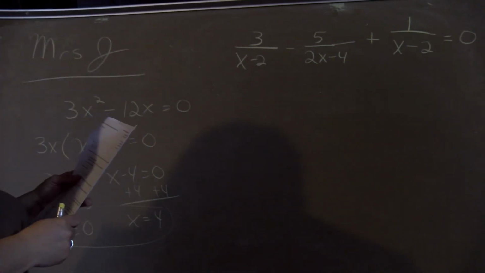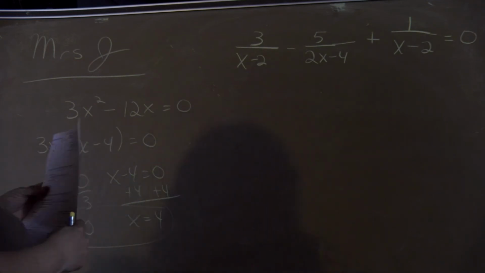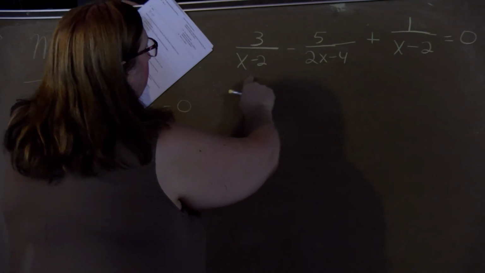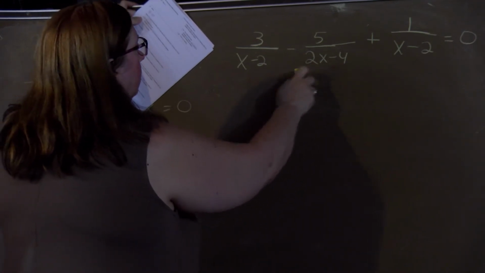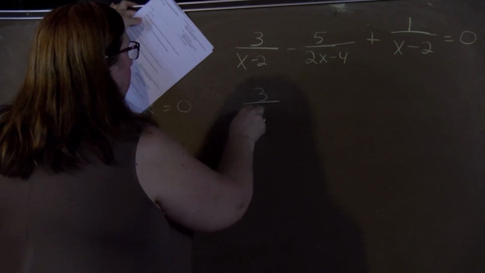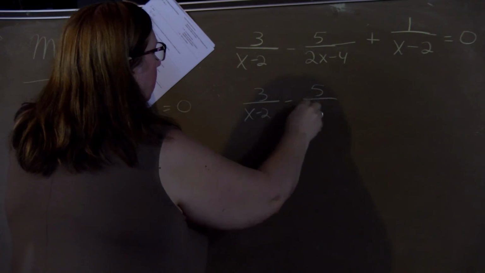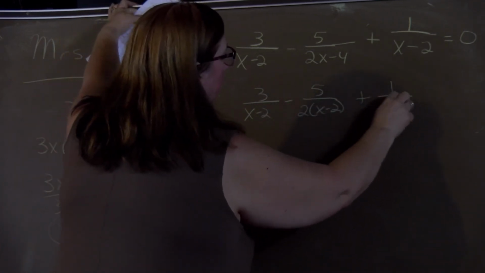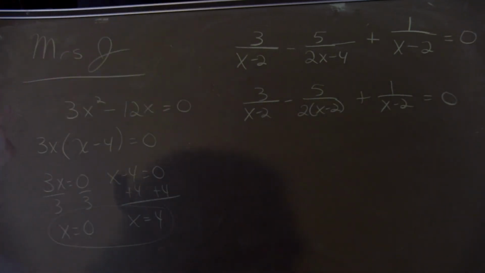Okay, if we had something like this, the first thing you'd need to do is factor this one out, because that way then you know what to multiply everything through by.